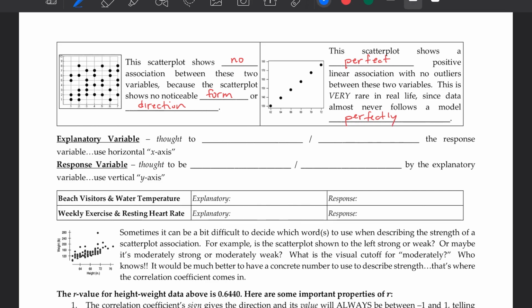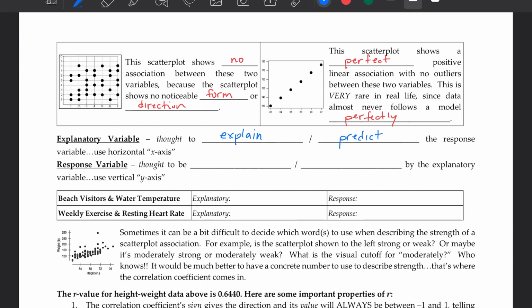All right, so as I was saying, some people have a hard time knowing what to put on the x versus the y. So this should hopefully help you out here. The x-axis is usually the explanatory variable, and in our class it'll always be that. It's called the explanatory variable because it's thought to explain or predict the other variable. So in the example that we just did about study time and test scores, it makes more sense to put study time on the x-axis because the amount of time that you have studied should sort of explain how you score.